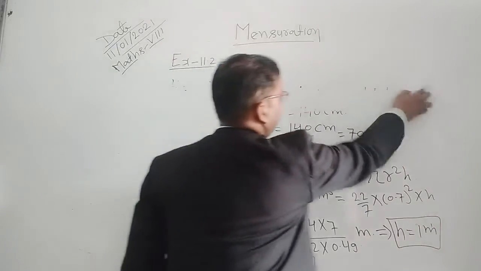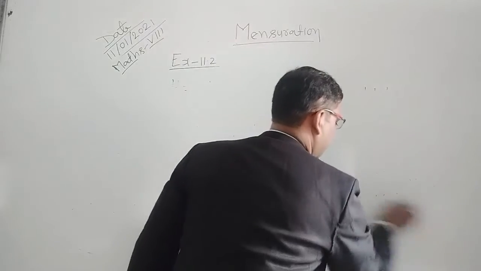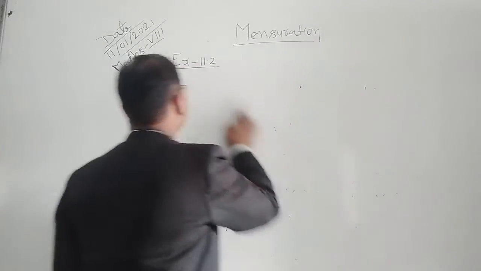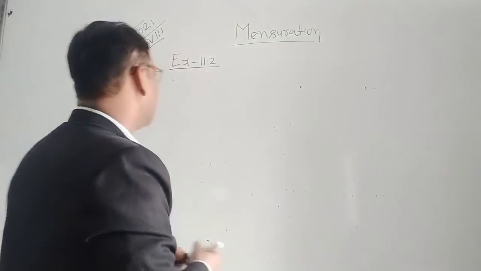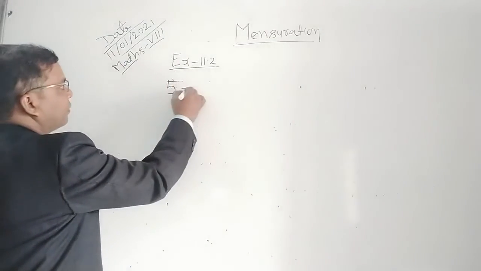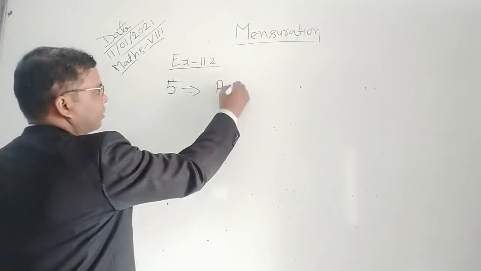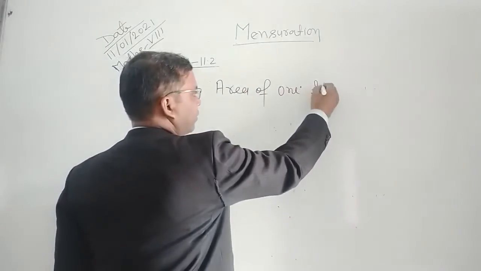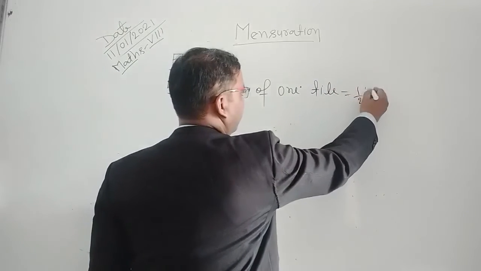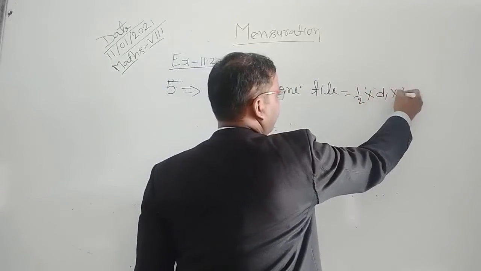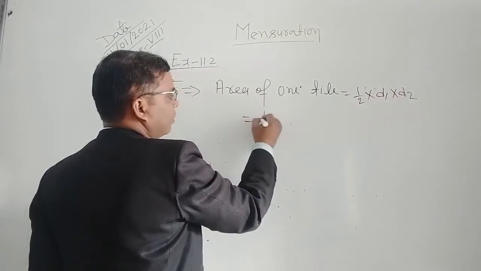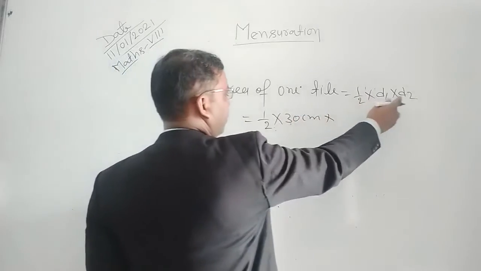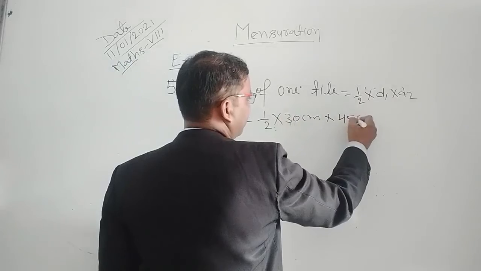Question number 5. We write, area of 1 tile is equal to 1/2 d1 into d2. This is equal to 1/2, d1 is 30 centimeter diagonal, and this diagonal is 45 centimeter.